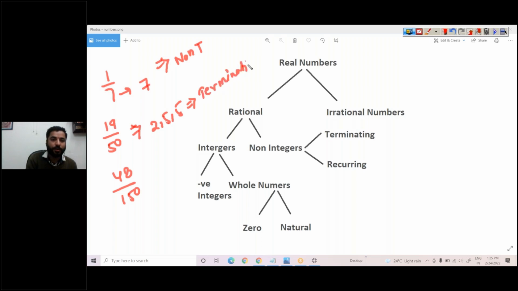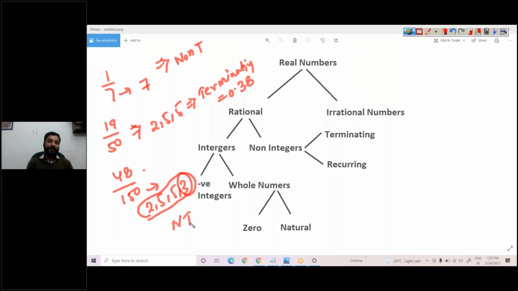If we try to solve 19 by 50, we will get 0.38, which is terminating. In the case of 150, we have the factors 2, 5, 5 and 3. We have the factors 2 and 5, but we also have one factor that is 3. That means it is non-terminating, right? So this is how we can identify non-terminating and terminating recurring without using calculators. It's a short trick.